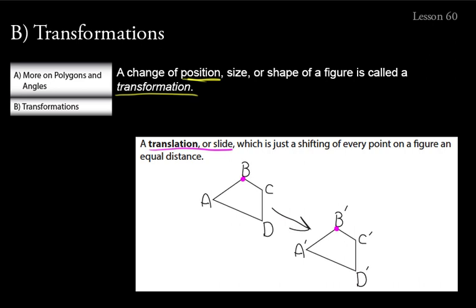A lot of times that's what you'll see in a translation: B goes to B prime, A goes to A prime, but it's going to move the same distance over. C goes to C prime, D goes to D prime. They all move the same distance over. And we're going to do this on a Cartesian coordinate system, so we'll discuss the coordinates of the new position when we do example problems.